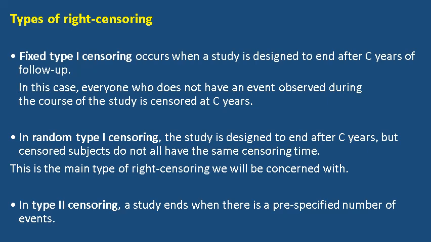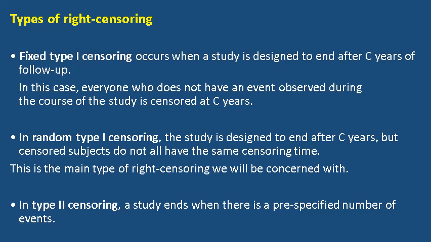Random type 1 censoring. The study is designed to end after C years, but censored subjects do not all have the same censoring time.